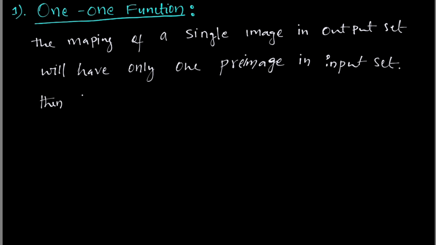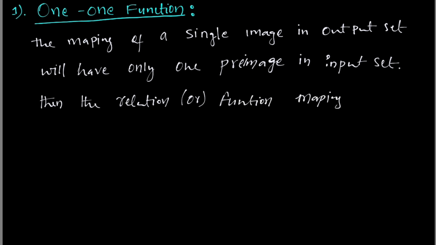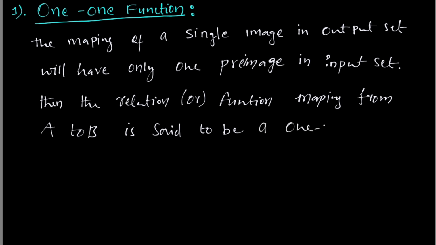Then the relation or the function mapping from A to B, I mean domain to codomain, is said to be a one-one function.